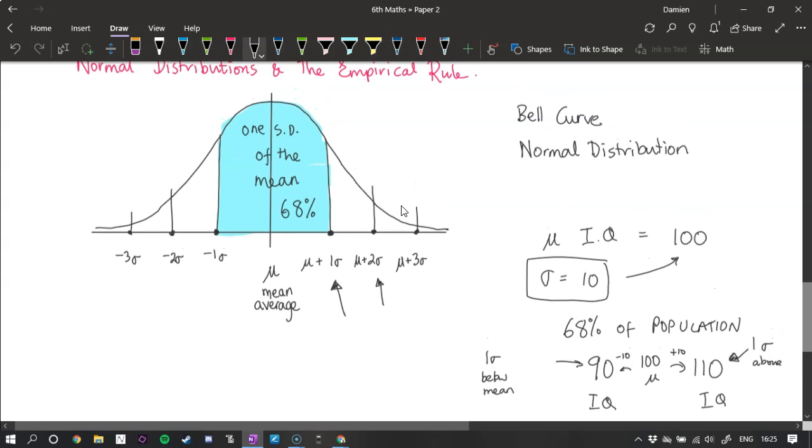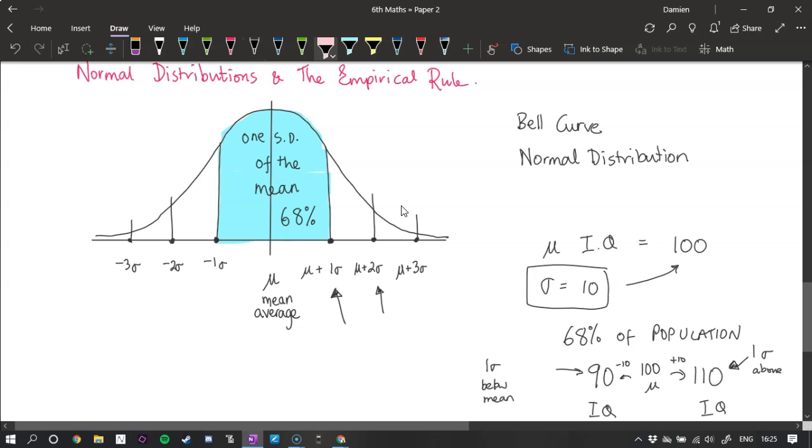There's 2 other data points that you need to know about, and that is this one here. So everything in this particular part here and this particular part here is going to be 2 standard deviations from the mean. In this case, because we're on the negative side, this is 2 standard deviations below the mean.